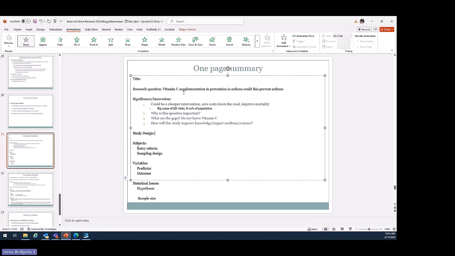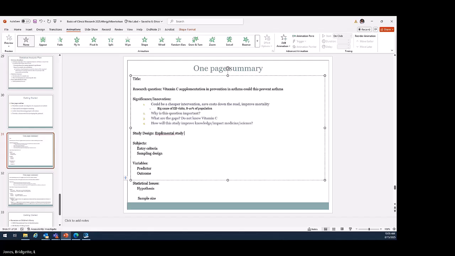So how would you design a study looking at vitamin C supplementation in preventing asthma? Would you do an observational study or experimental study? Probably experimental. Okay, you could do an experimental design. What would you do in an experimental study?